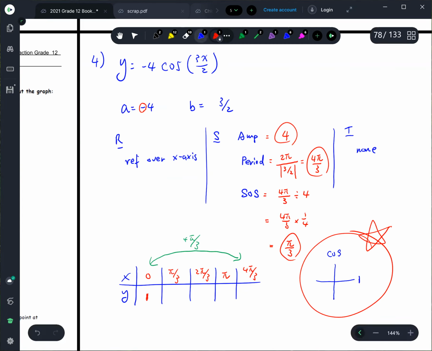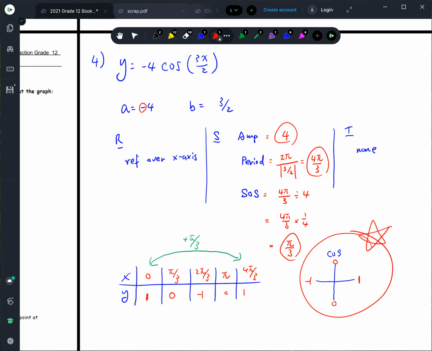After 1 should be what? 0. Yeah, so you put 0, and then after 0, -1, and then 0, and 1. Now you take these values and multiply by a.